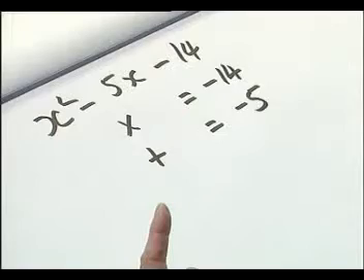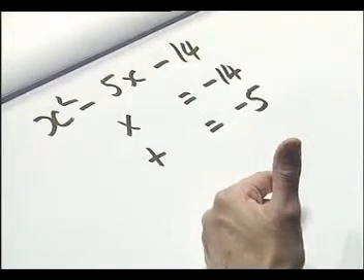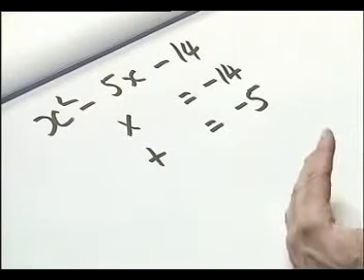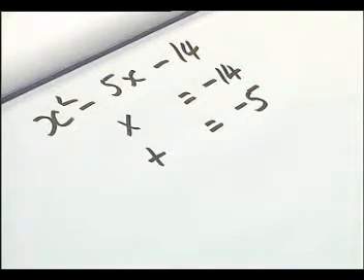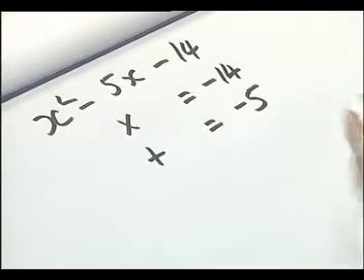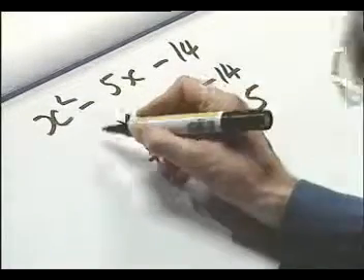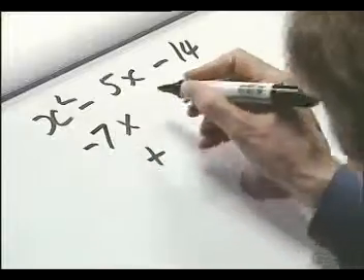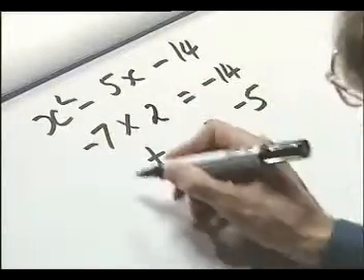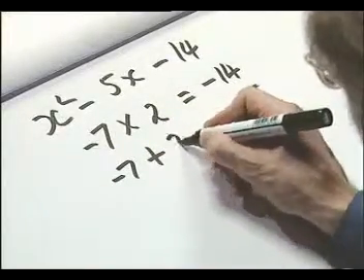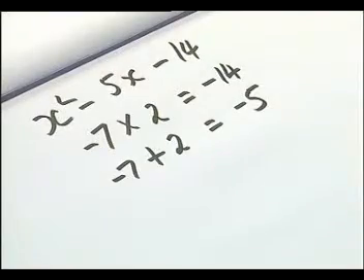So can we play with 7 and 2? Well, if we made it minus 7 and plus 2, then minus 7 times plus 2 would give us minus 14, and minus 7 plus the 2 would give us minus 5. So minus 7 and 2 look like the two numbers that we need.